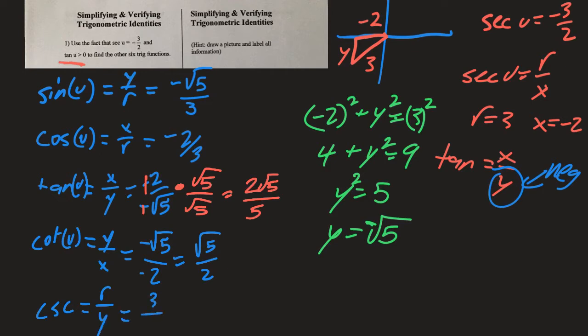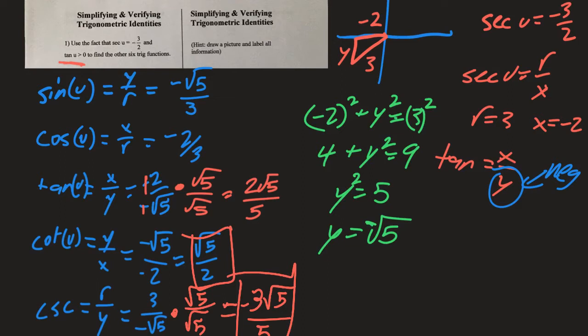So we've got 3 over negative square root 5, and again, we need to rationalize this. We always want our answers in the simplest form. So we've got √5 on top and bottom, and we're going to get 3 square root 5 over 5, and it is negative all over. Okay, so these are my other 5 remaining trig ratios.